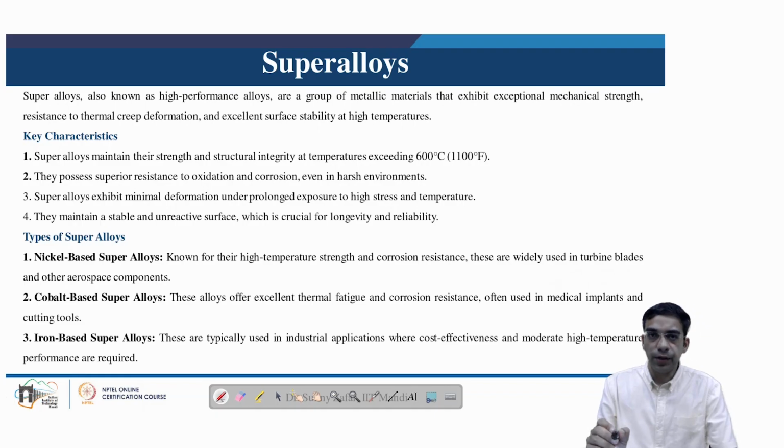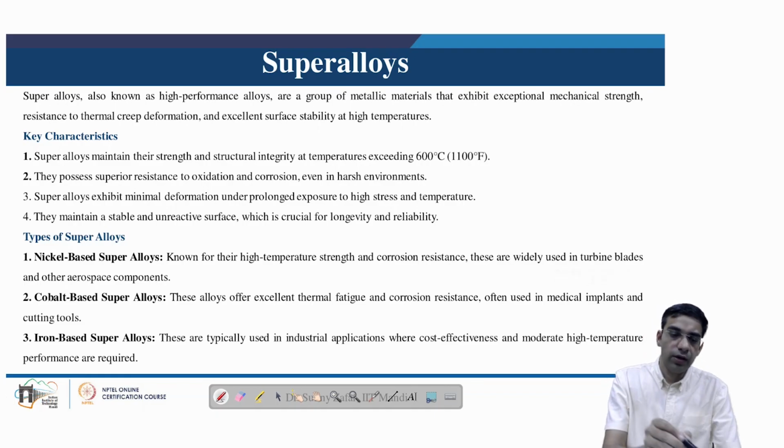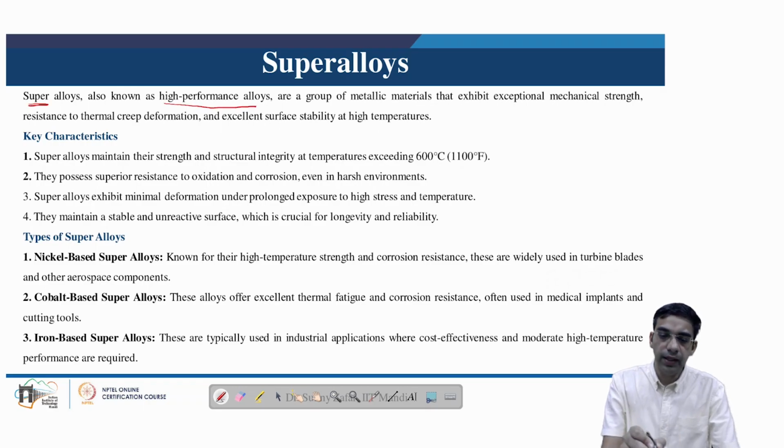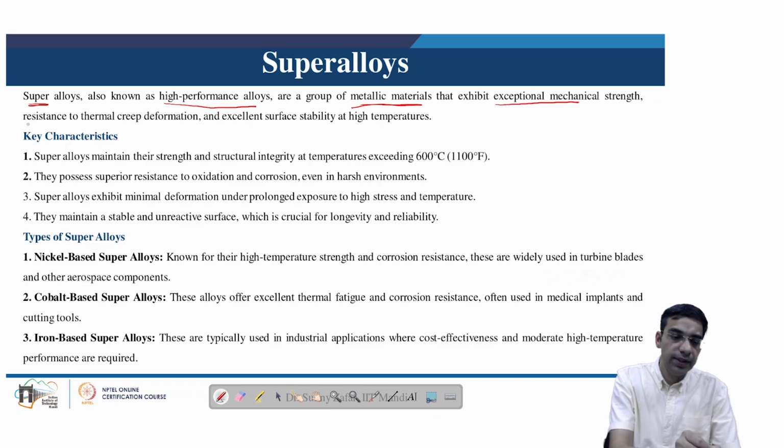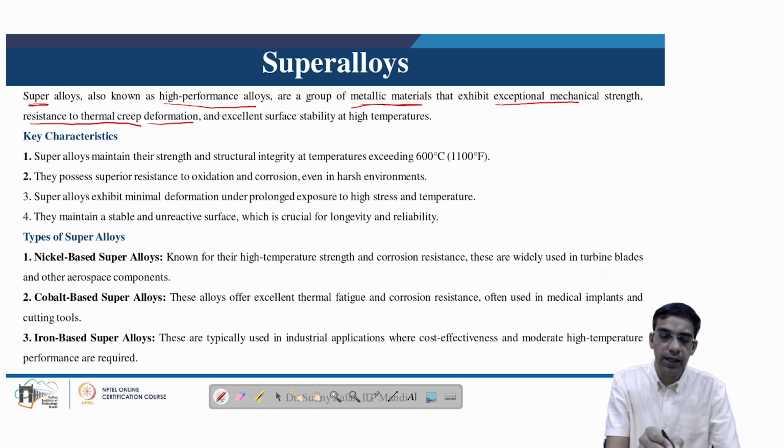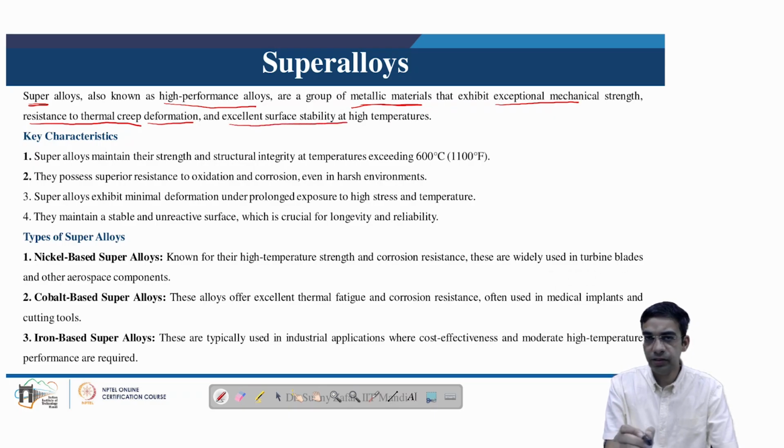So what are superalloys? Superalloys are also known as high performance alloys. That is why they have this name super attached to them. These are a group of metallic materials which exhibit exceptional mechanical strength. They also exhibit resistance to thermal creep deformation, and they have excellent surface stability at high temperature, meaning they can resist oxidation.